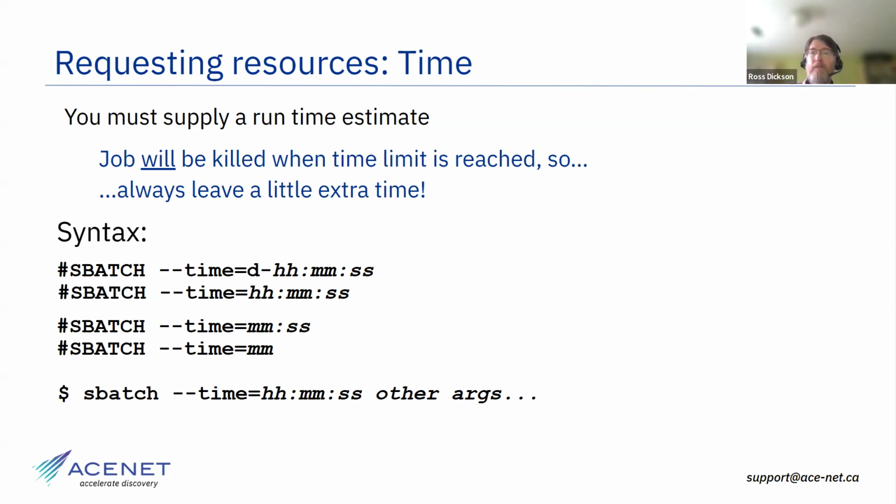You don't want it to be 5 minutes from done and get killed and you lose some results. So give yourself a little bit of extra time, but not enough time that if it stalls and it's doing nothing, it just sits there doing nothing for a day or a week. Give it enough time that it should be able to get done what it needs to do, and if something goes wrong, it'll eventually be caught and terminated.